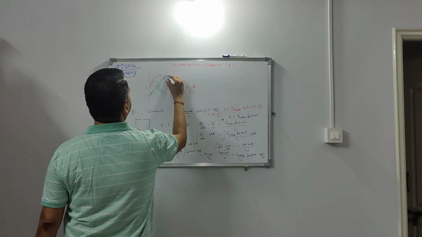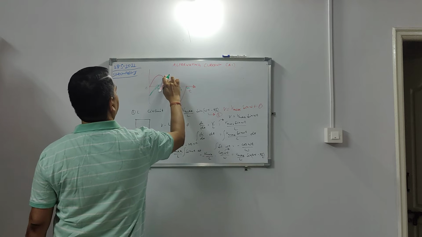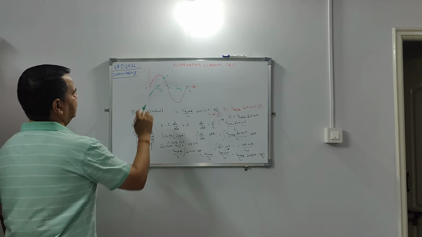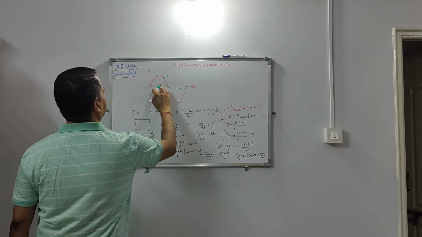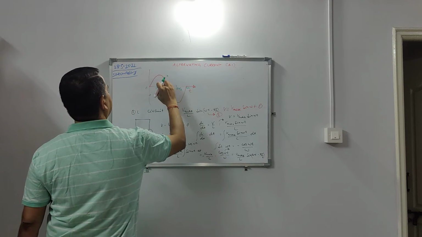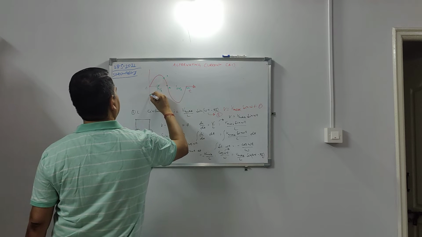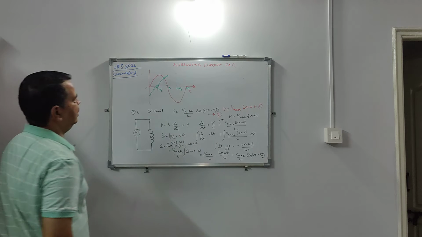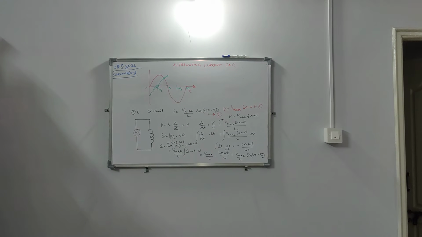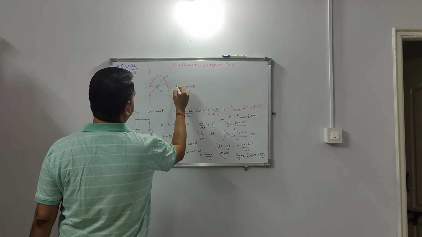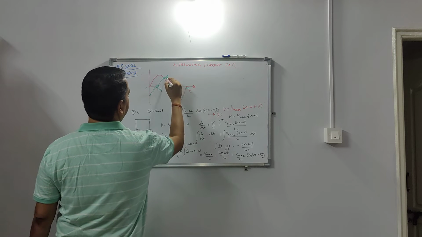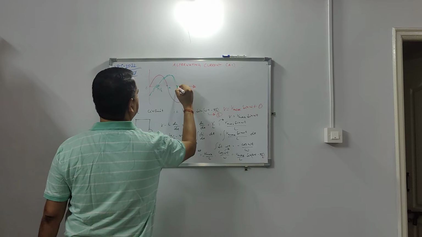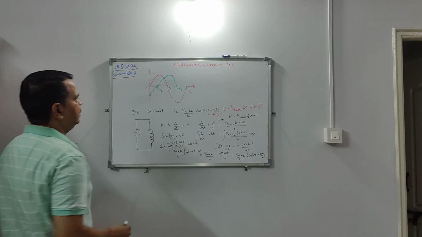So this is your max value, and let me draw it properly. Just try to connect it like this. This is your max value. Then at pi by 2, when it is max, this will be 0, right? This is your max. Then this is your 0.